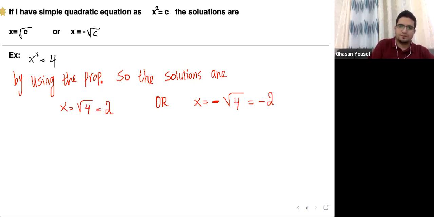Another example. Example number 2. The question is solve (x minus 4) squared equals 5.